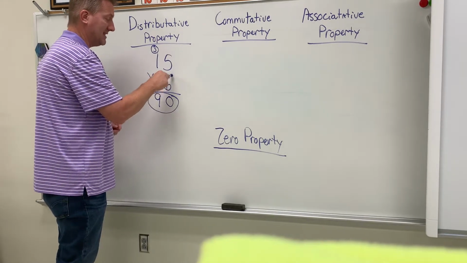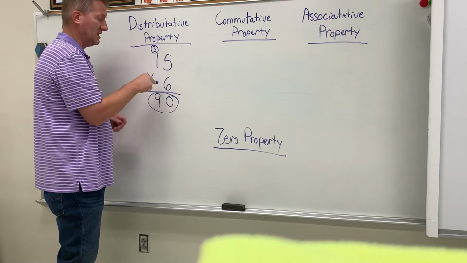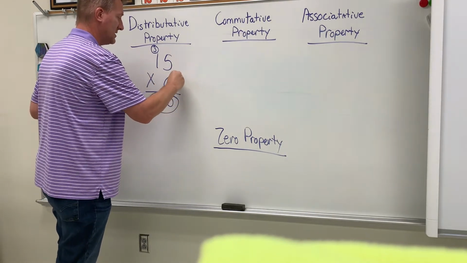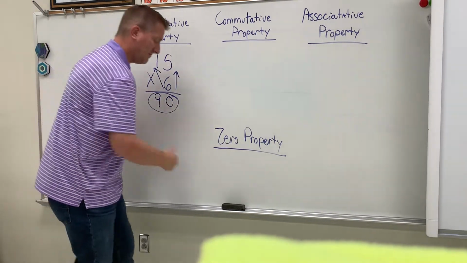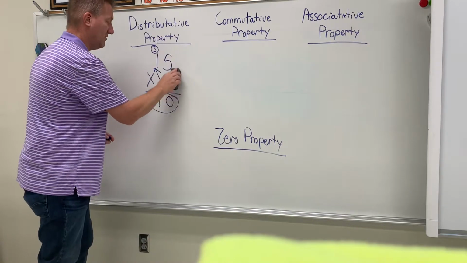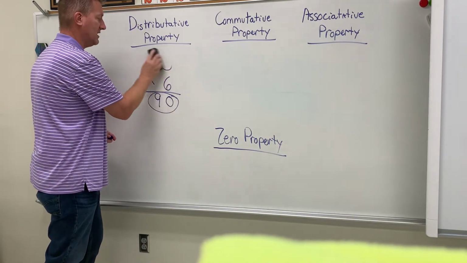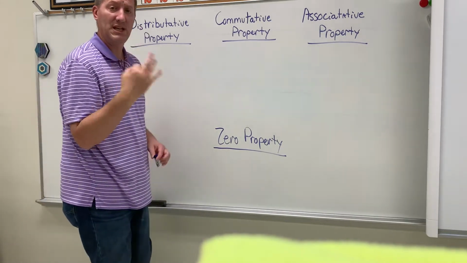It multiplies this times this, then it multiplies this times this. So it goes like this. Okay, so I'm going to go ahead and erase those arrows. And let's just erase this whole problem. And let's try it times a 3-digit number.